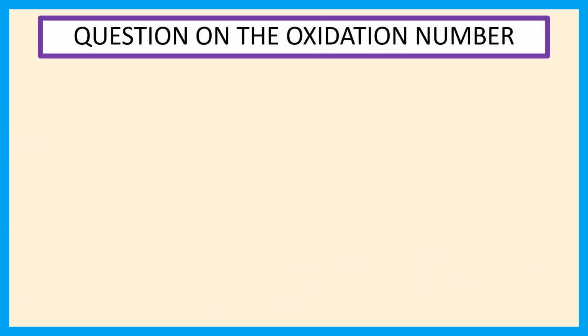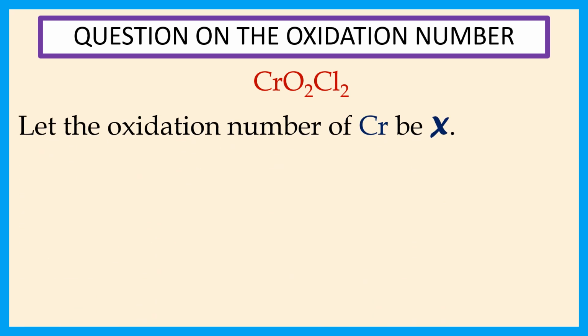The compound is CrO2Cl2. Let the oxidation number of chromium be X. We know that the oxidation number of oxygen is -2 and the oxidation number of Cl is -1.